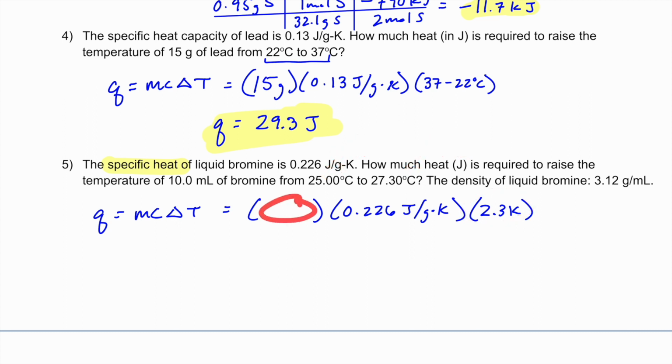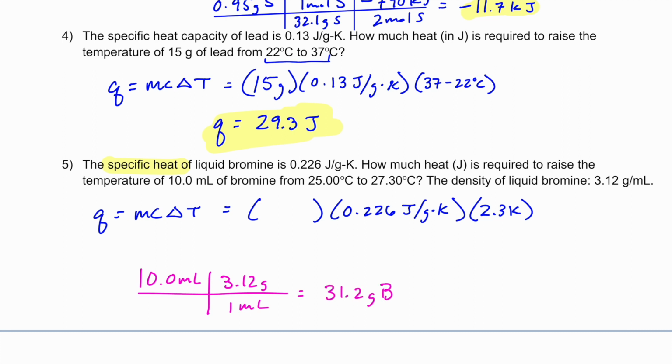So what is my mass? I cannot simply put 10 grams in here because it's not 1 gram per milliliter. So what I need to do is a little extra math. It's not a big deal. I'm going to take my milliliters and multiply it by the density. So bromine appears to be very heavy.